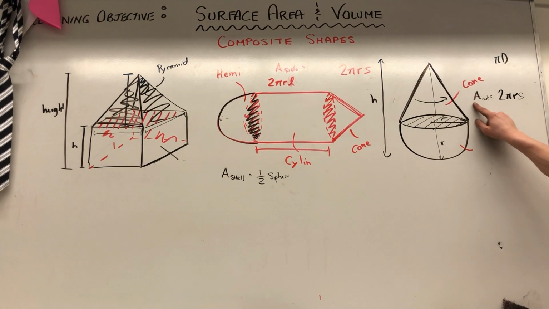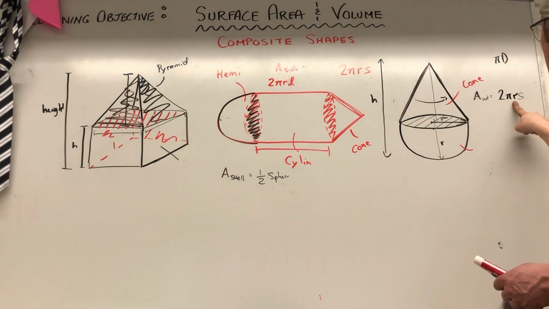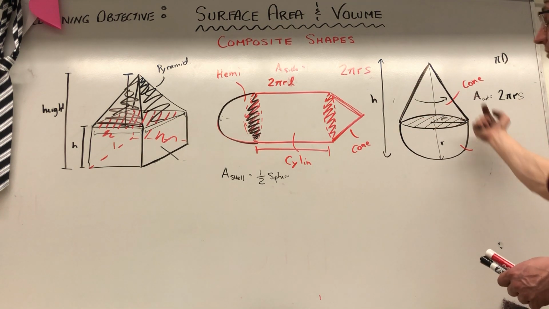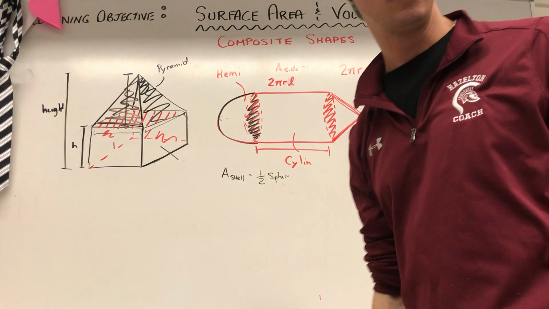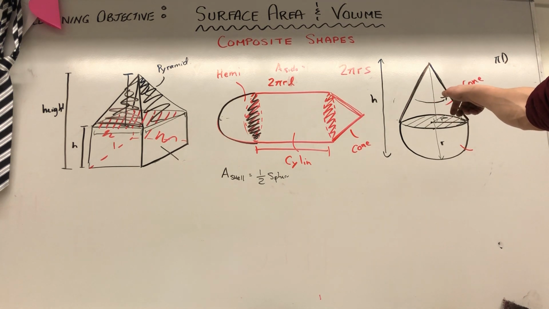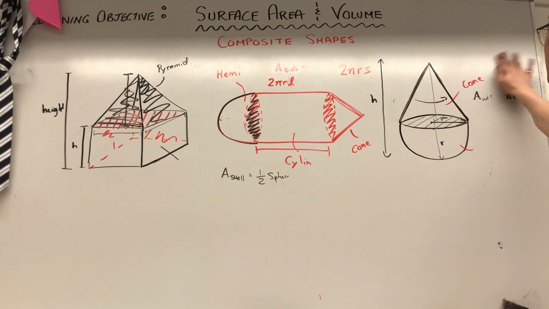So to calculate the total area, I'd have the area of the outside of my cone, which is 2 pi times radius times s, or the circumference times my slant. Oh, pi r s. Oh, woe is me. Oh, sorry guys. That's wrong.